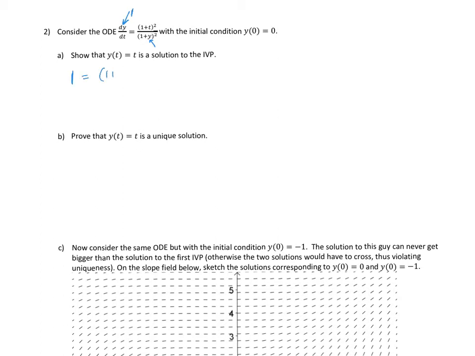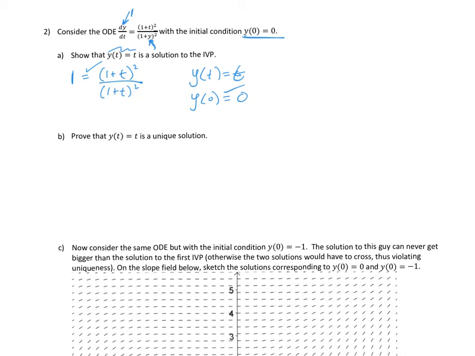And then I have (1 plus t squared) over, then I'm going to replace this y right here with t, because y(t) equals t, over 1 plus t squared. That is true. Okay. And let's check that it satisfies the initial condition. y(t) equals t, then y(0) is 0. Check. We satisfy both the differential equation and the initial condition.